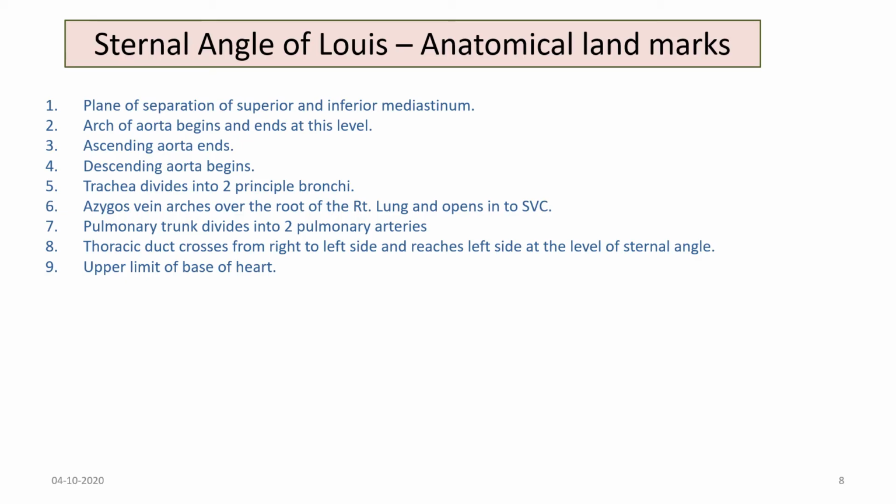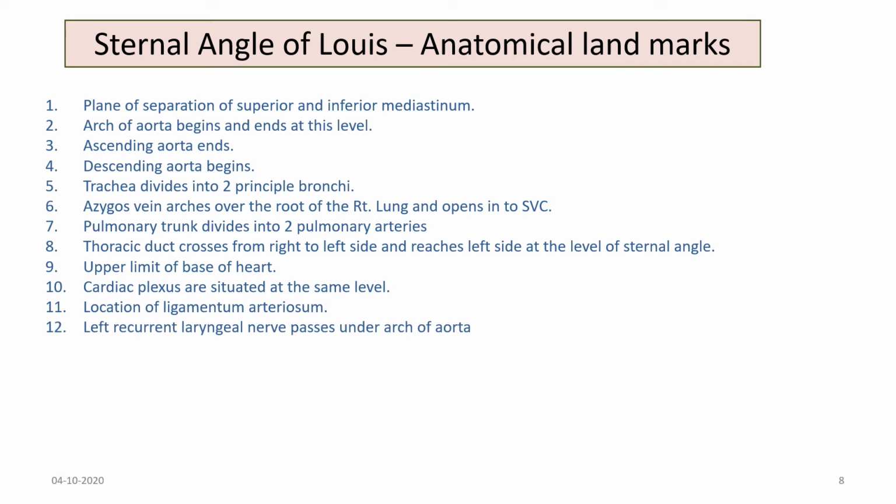The sternal angle corresponds to the upper limit of the base of the heart. The cardiac plexus is situated at the level of the sternal angle. The ligamentum arteriosum is located at the sternal angle. The left recurrent laryngeal nerve passes under cover of the arch of aorta at this level.